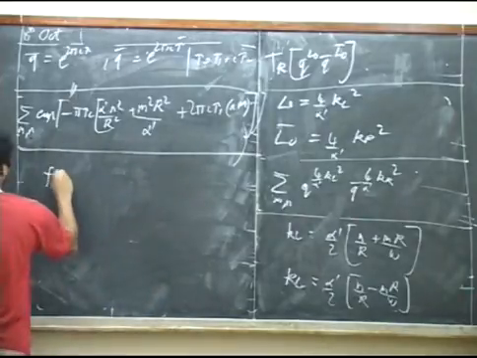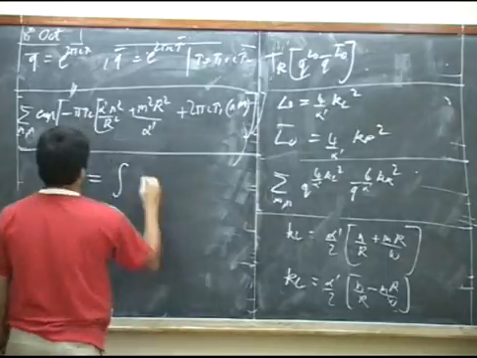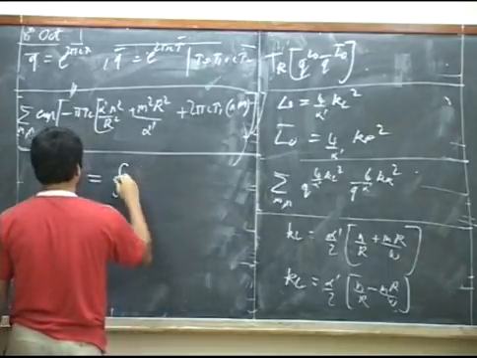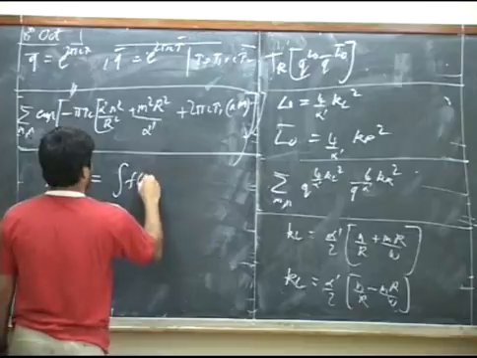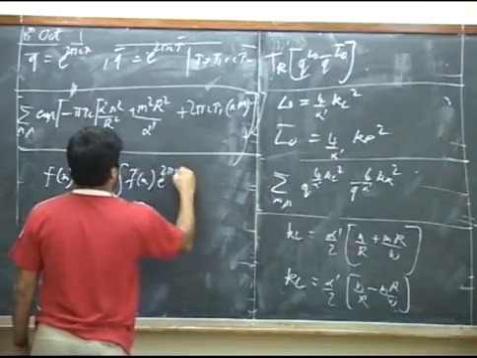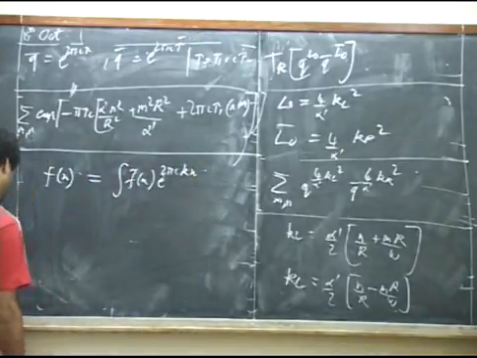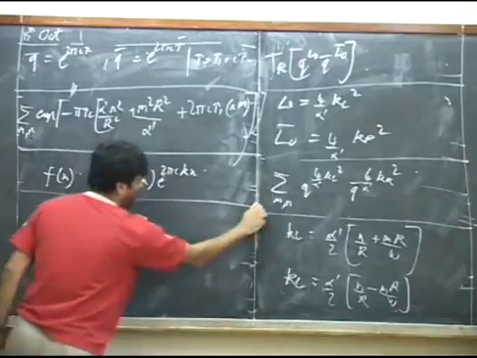Suppose you've got some function f of x, which has a Fourier decomposition, f of x equal to the integral over k of f tilde of k, e to the power 2 pi i k x.